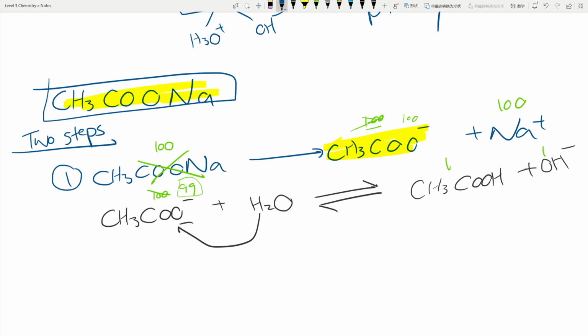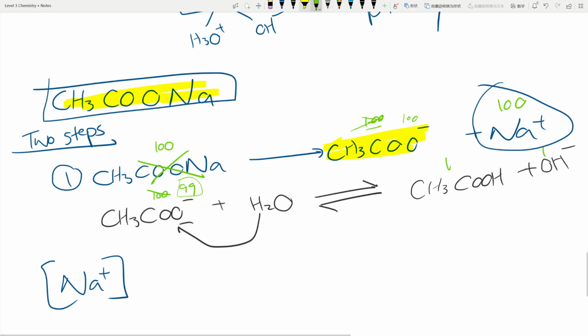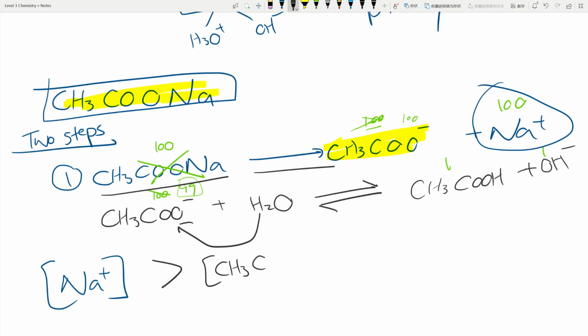So can you see the most abundant thing is this one? The Na plus concentration is the greatest, because once your first step, dissociation, has occurred, the Na plus just sits there. It doesn't do anything anymore. And then the CH3COO minus is going to partially dissociate.